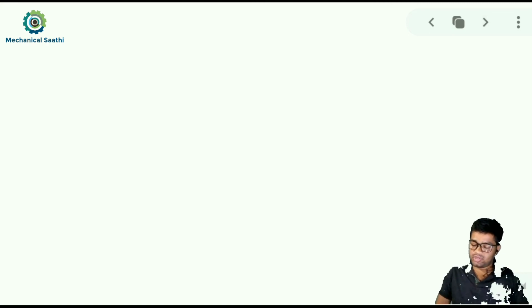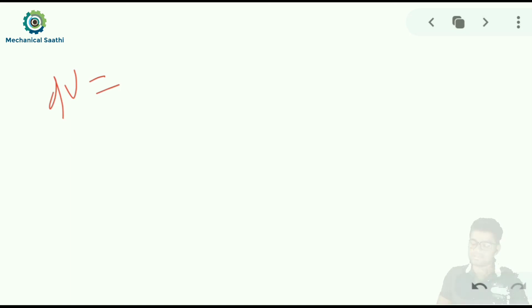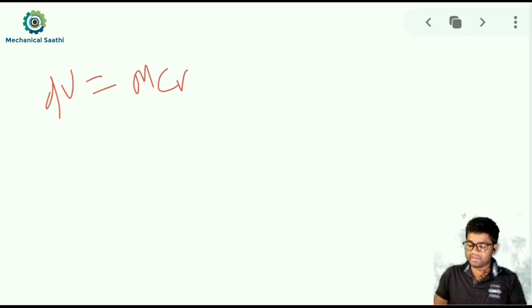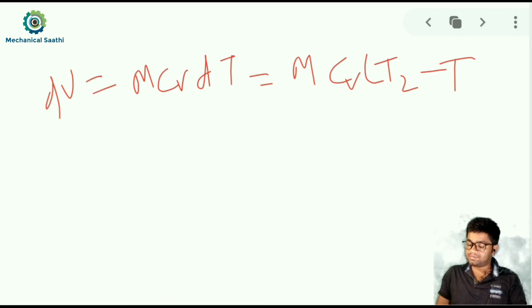So dU we can write like this, that is m into Cv into dT, where dT is the change in temperature. So that I can write as T2 minus T1. So that will be equal to m Cv into T2 minus T1.